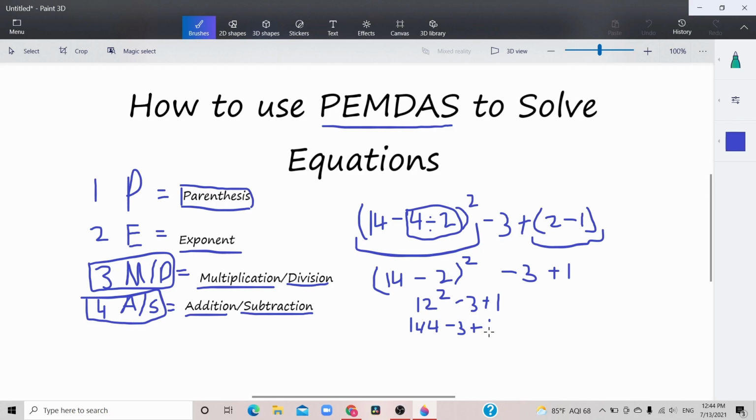And now it's all just addition and subtraction, so we just go from left to right. So we see 144 minus 3 is 141, and 141 plus 1 is 142. So if you paused the video earlier and did it on your own, your answer should be 142.